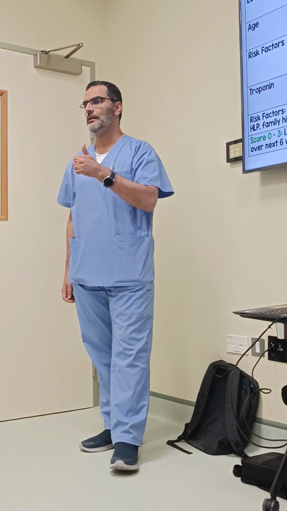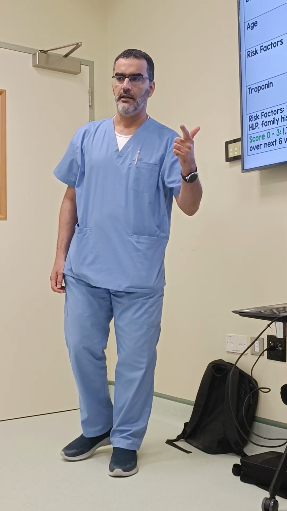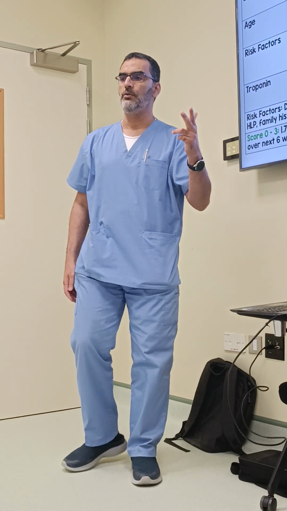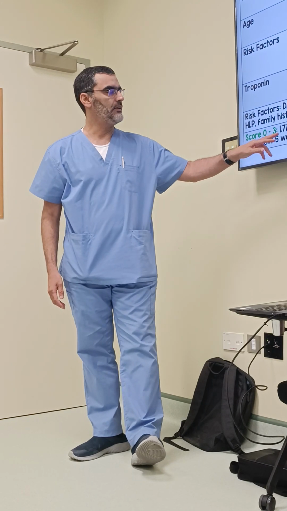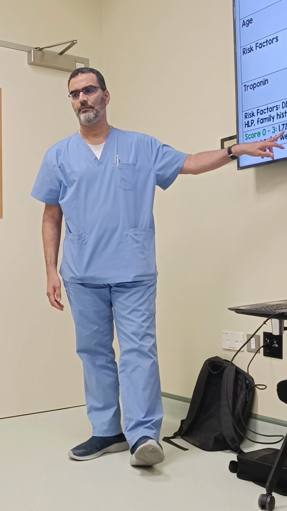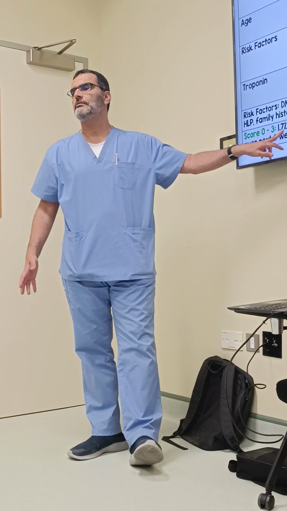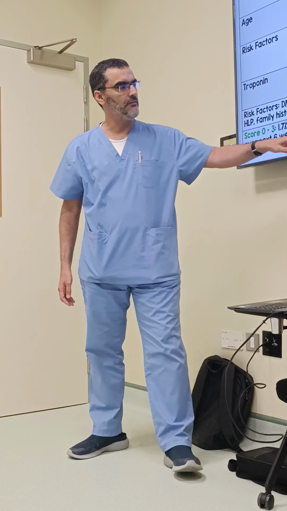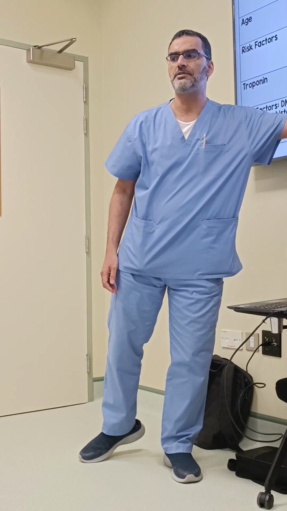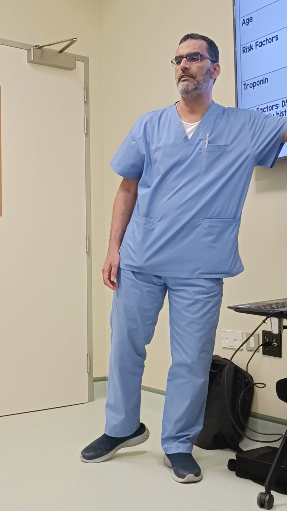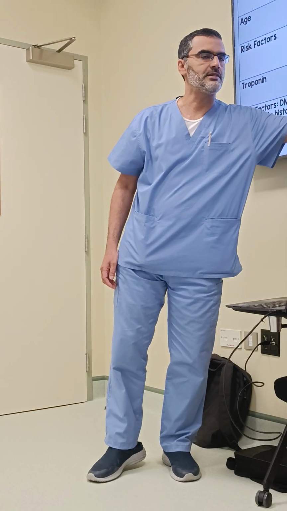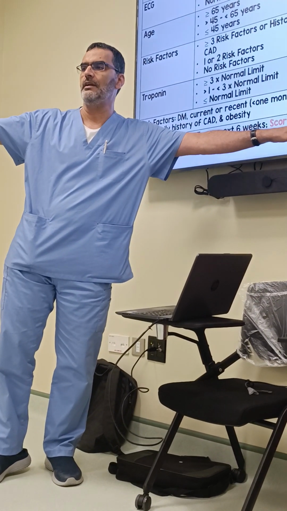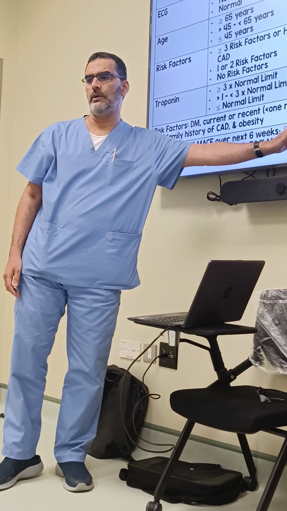Meaning the patient will die or develop a heart attack, myocardial infarction, or stroke within 28 days is less than 1.7%, which is maybe acceptable to send the patient home with. But if the score is 4 to 6, it is 16%, meaning he's going to die or have a heart attack or stroke about 16% of the time. So we don't want to tolerate this risk. That's why we admit the patient to the ward, referred to SQH.